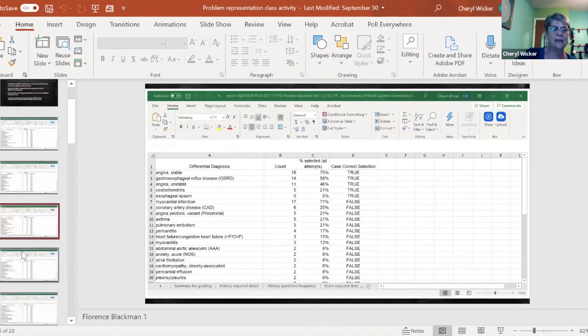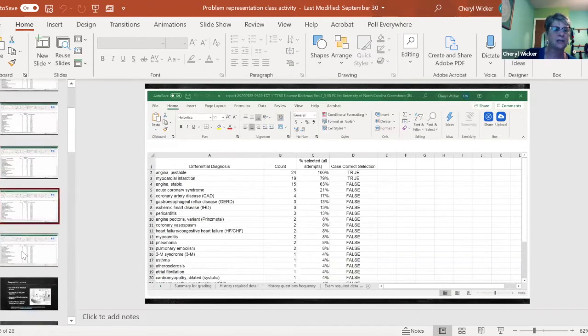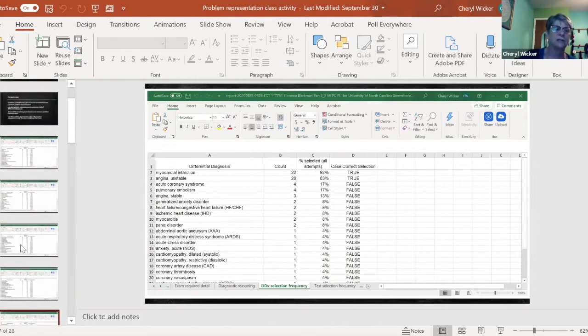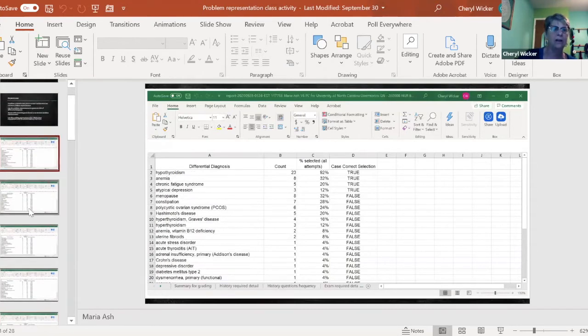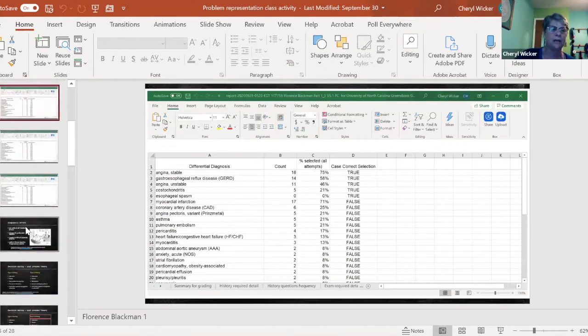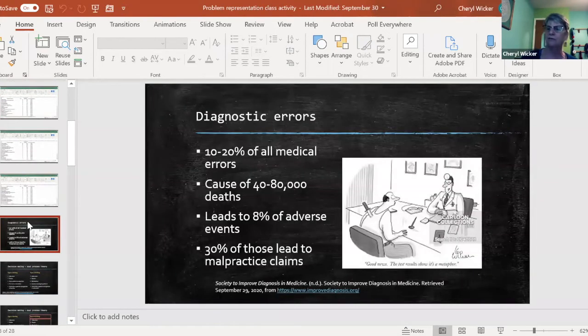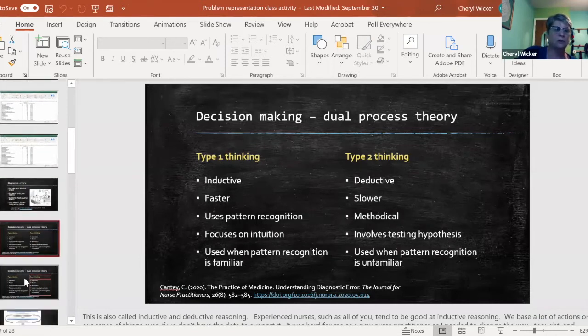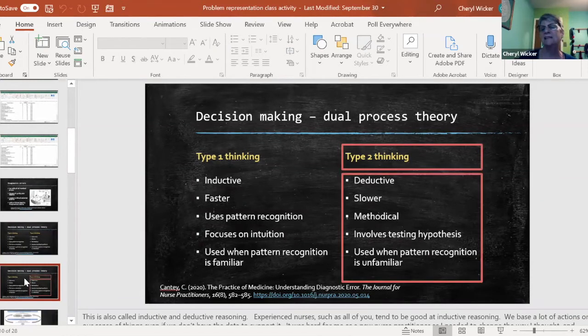This is work that they have done previously in simulation, telling me about how well they did in differential diagnoses, and these are about 7 different cases here, showing, hey, we're not doing as well in making our differentials as we could. So this is kind of the why of the problem representation: to reduce diagnostic errors, to help with communication, and to help us practice deductive reasoning. So we really needed to have this deductive reasoning, this type 2 process, and try to do this as a class.